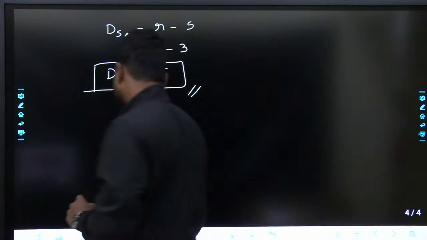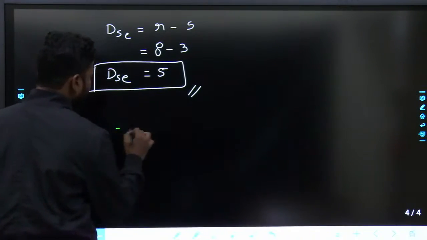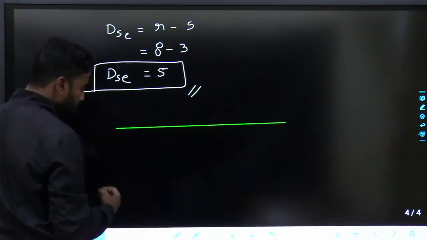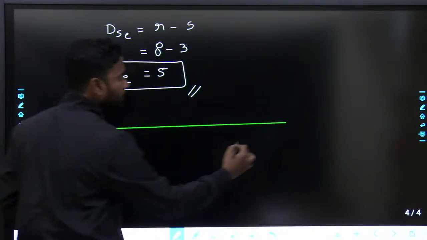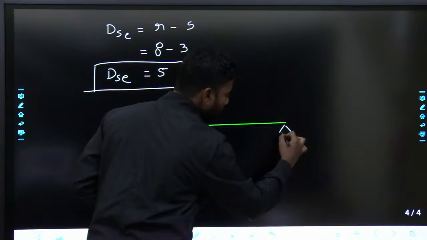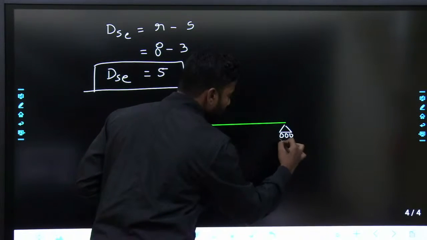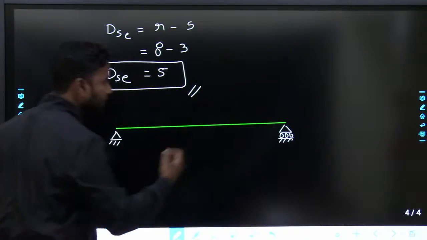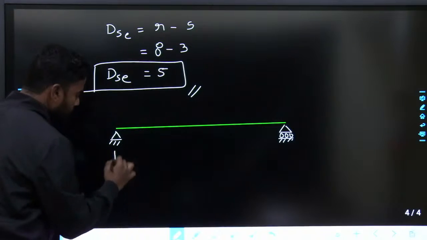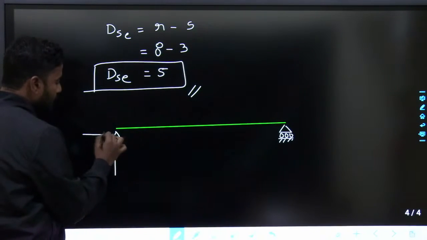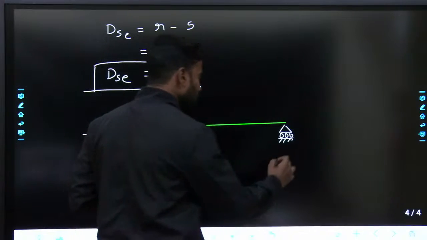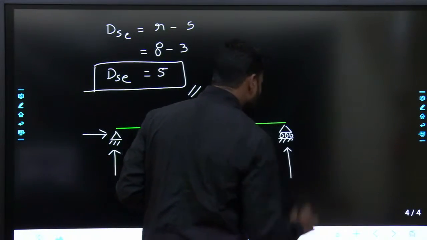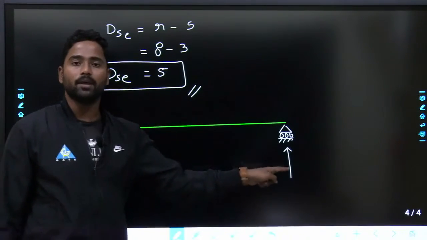If a simply supported beam, SSB, is given, if one end is a hinge support and the other end is a roller support, then the beam is considered a simply supported beam. At hinge support, how many reactions? 2 reactions. At roller support, how many reactions? There will be 1 reaction.